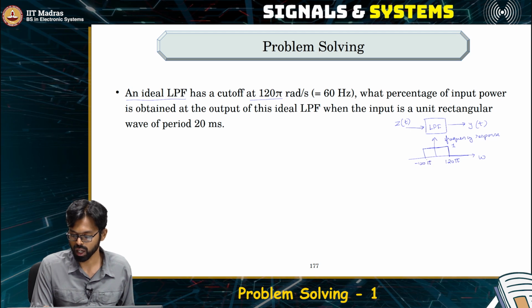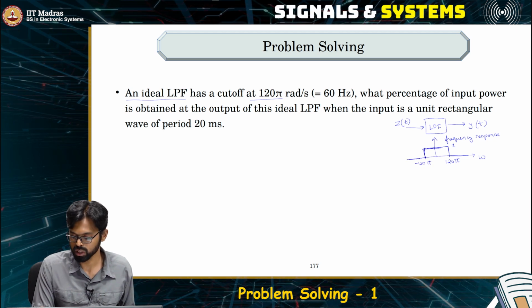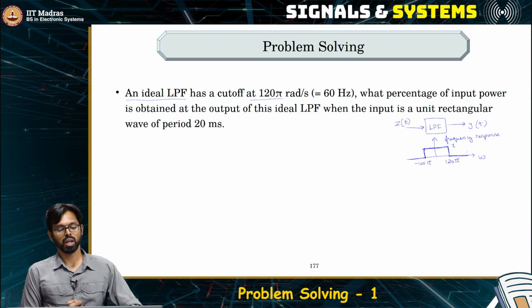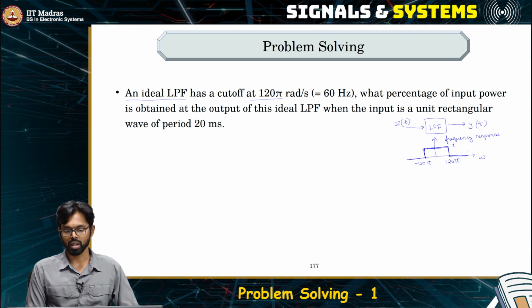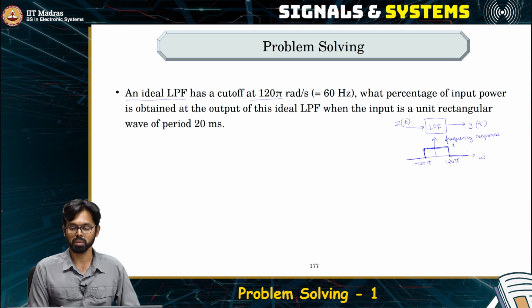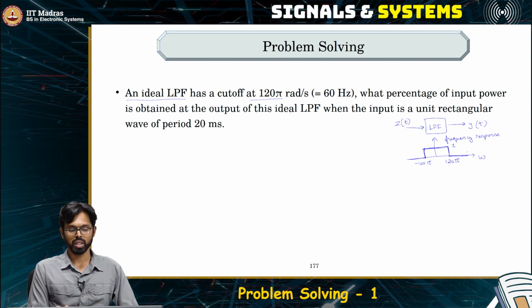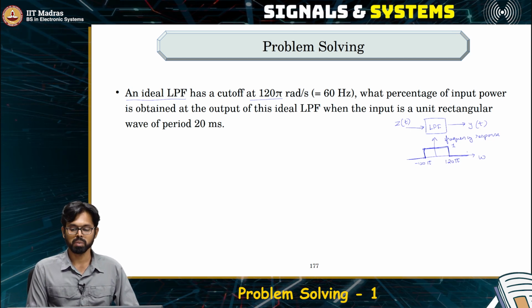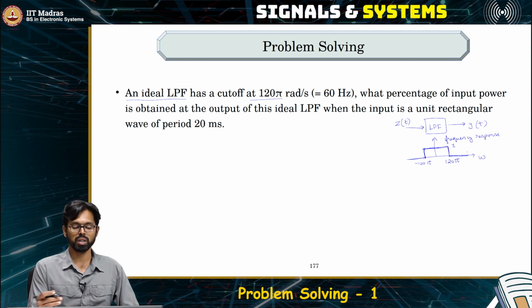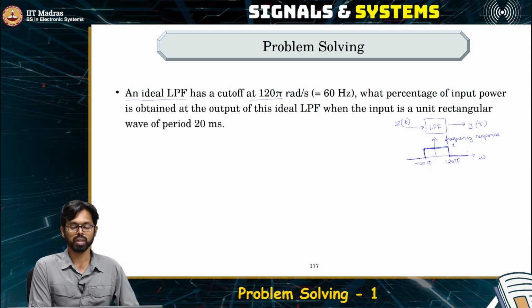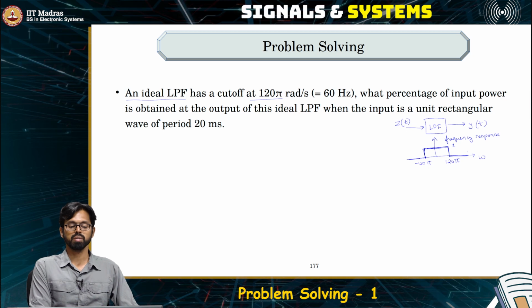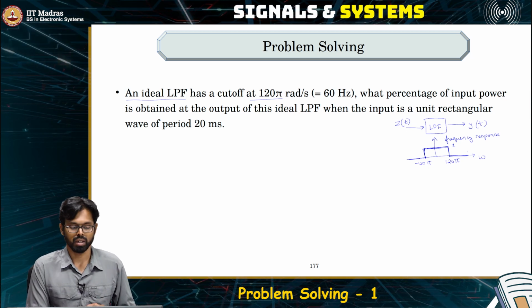Now, given that this is an ideal low pass filter which has a cutoff at 120 pi radians per second, the question is: find out what will be the percentage of input power to the output power when the input is a unit rectangular wave of period 20 millisecond.